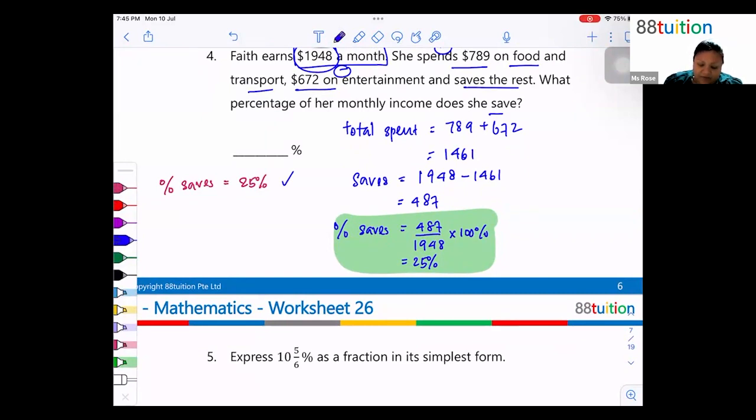But if for some reason you became lazy and wrote this, they will take away your marks. If you don't want to write this extra word, you can, but make sure you use an arrow, then this is correct.